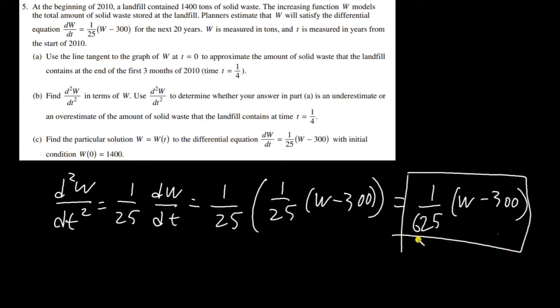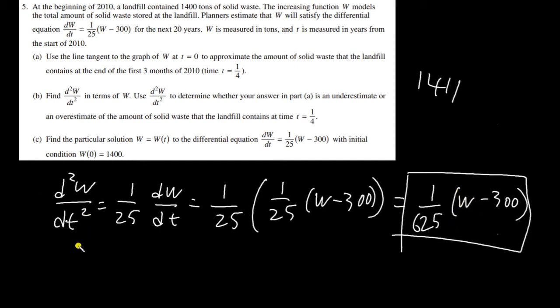And then now we need to say, okay, is this an underestimate or an overestimate? Is our approximation in part A, which remember was 1,411, by the way, an overestimate or an underestimate? Well, we know that originally there was 1,400 tons of solid waste, right? And then the number just kept increasing because it's an increasing function w. So we know that at least w is 1,400. It could be more, but it's at least 1,400, right?